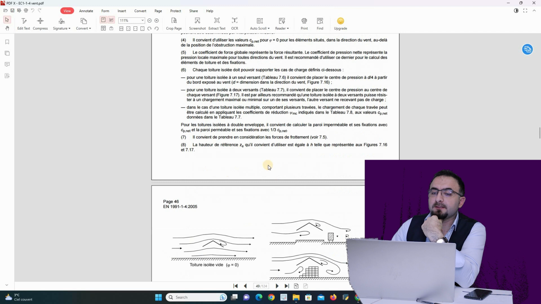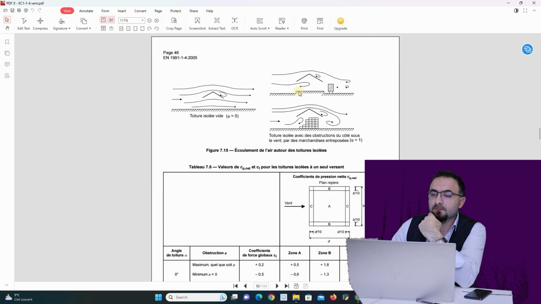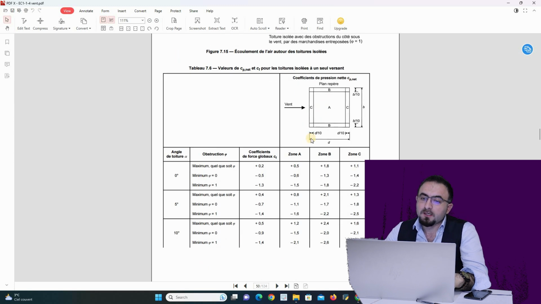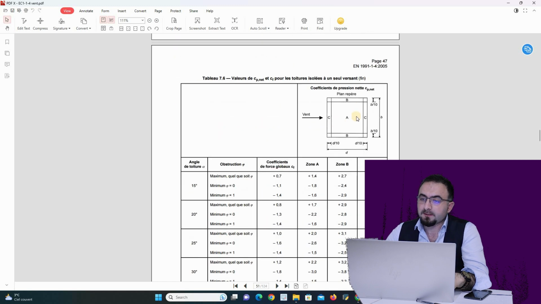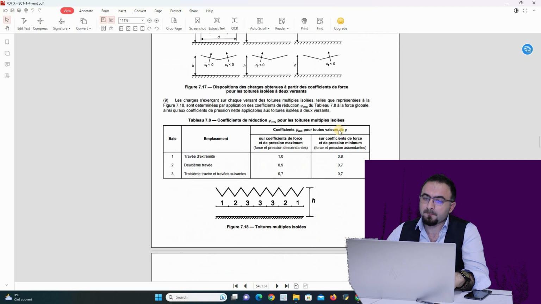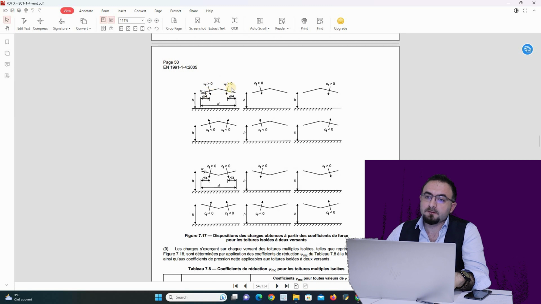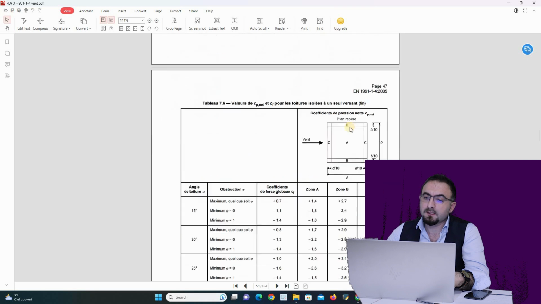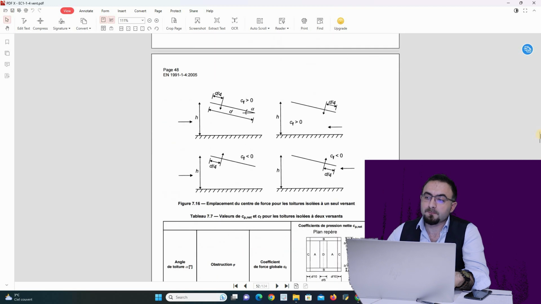Here I have an isolated roof, so I have another coefficient to apply. You can see the zones are not the same. We have 2 types of forces: we can apply punctual forces and surface forces.